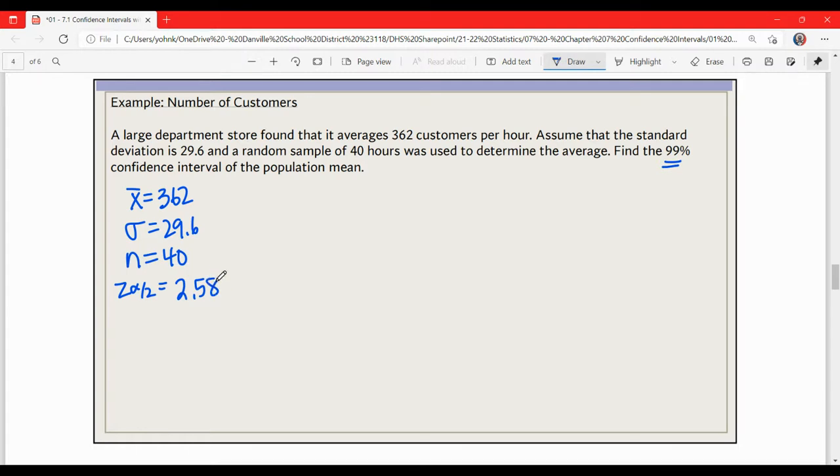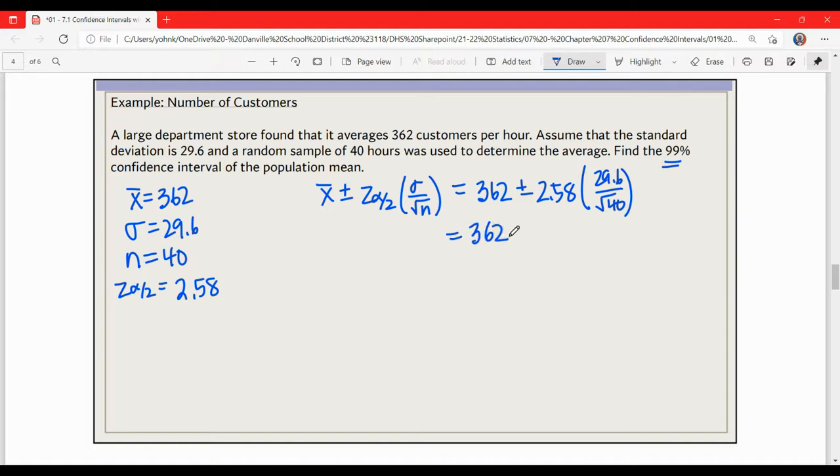So then we go to write the confidence interval. We have X bar plus or minus the critical value times the population standard deviation over the square root of the sample size. So this is going to give me 362 plus or minus 2.58 times 29.6 over the square root of 40. So let's leave the 362 alone.